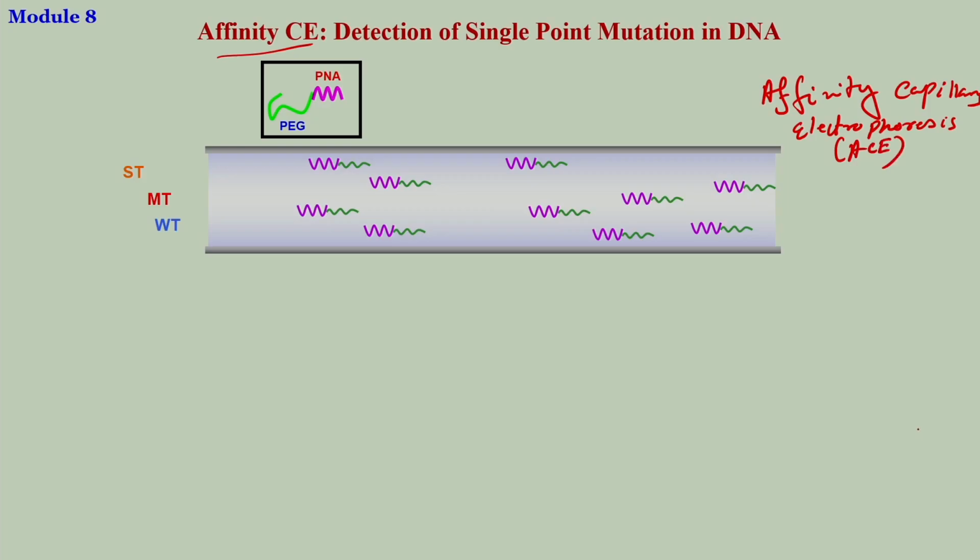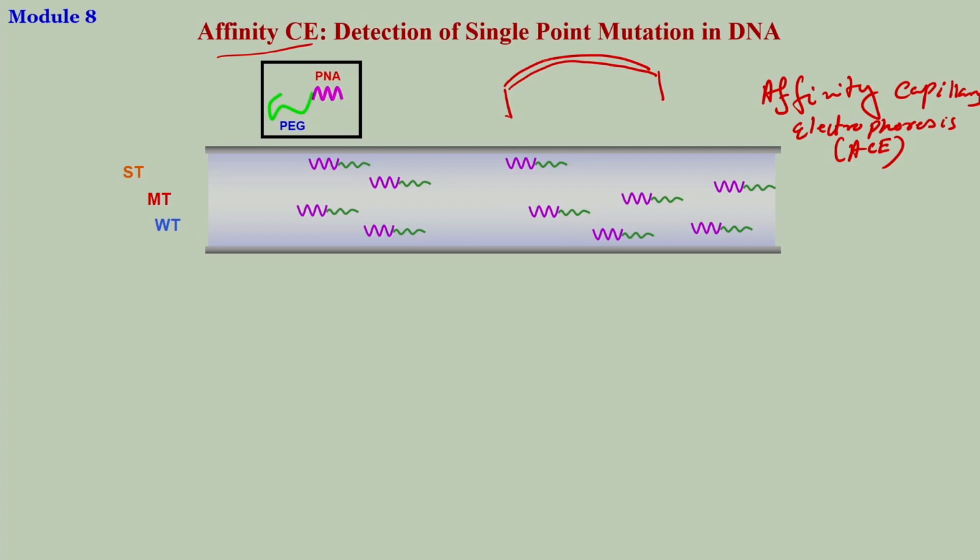Affinity capillary electrophoresis works on a principle that you have the capillary, electrode here, electrode there. So, in the normal capillary you had buffer inside the capillary before injecting the sample.